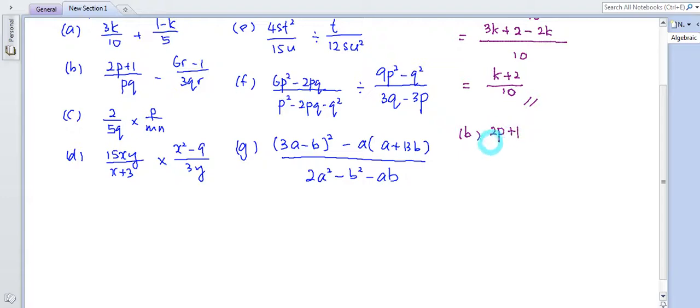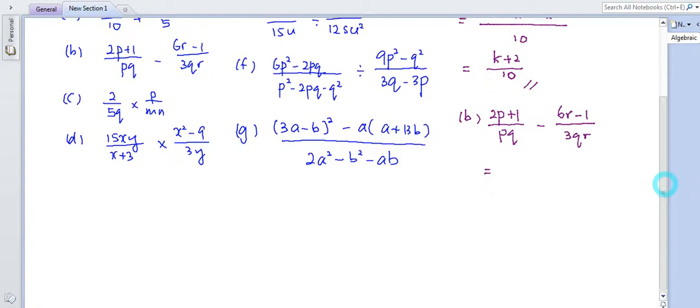2p plus 1 over pq minus 6r minus 1 over 3qr. Okay, you will notice that they don't have the same denominator. We need to try to change it to become the same. So this is pq, this is qr, right?